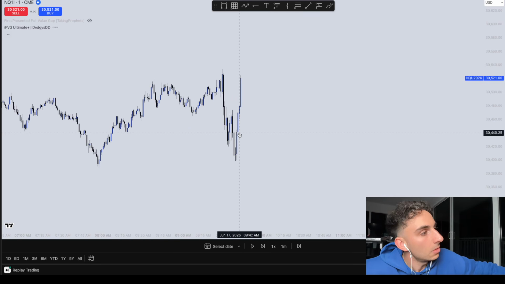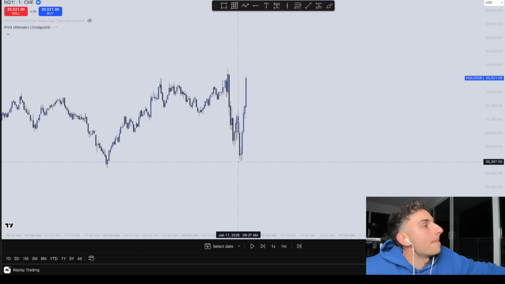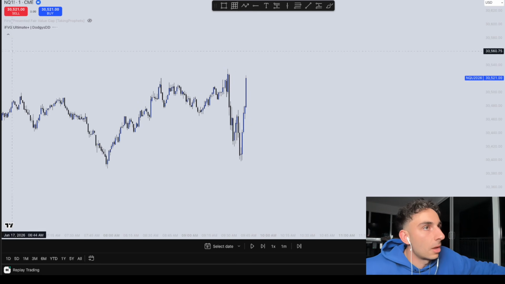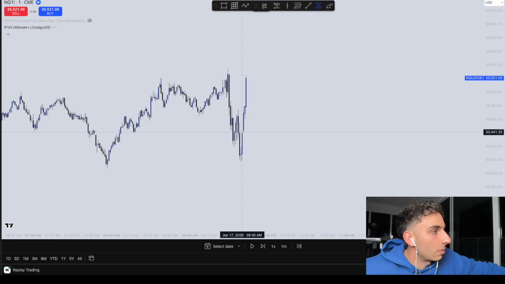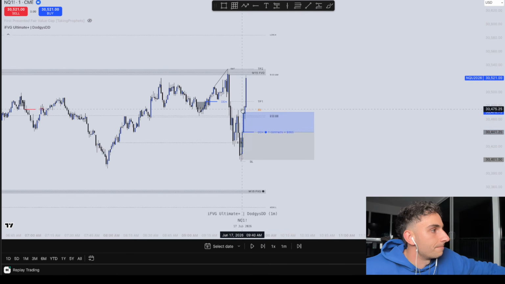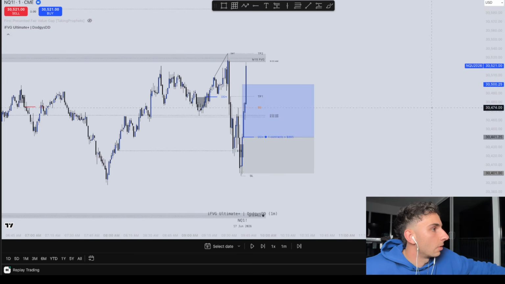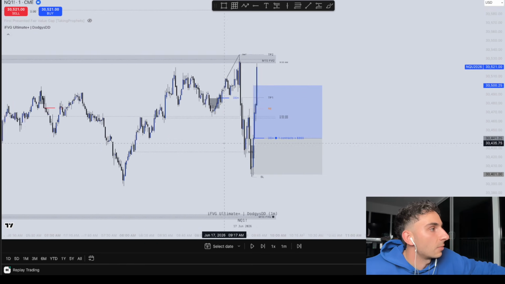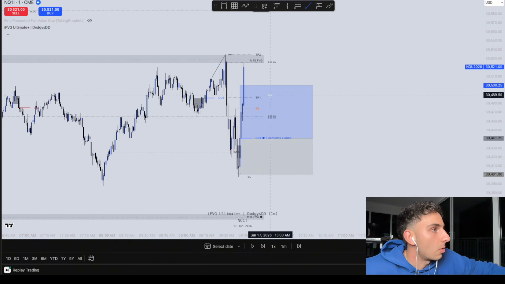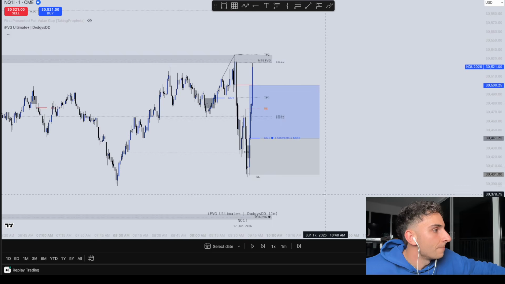Was this a good signal? It was definitely mid. It was definitely okay. A little more advanced if you want to play the rejection block. Let's see here. If I was going to take this, I would probably do something like this. If you were uncertain about the bias and you took this signal, you knew this was a rejection block, and you want to stick to that low R system, you can literally take this trade up to this order block in case we just tap this and then reverse from here.